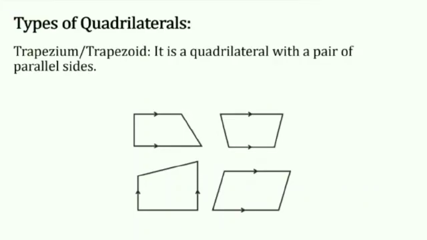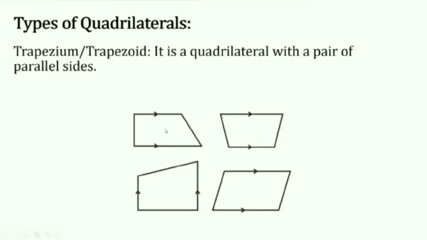First one is the trapezium, also called a trapezoid. It is a quadrilateral with a pair of parallel sides. Because it is a quadrilateral, there will be two pairs of opposite sides. Out of these, if one pair of opposite sides is parallel, then we call it a trapezium.